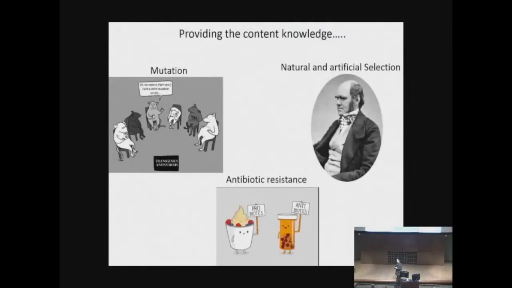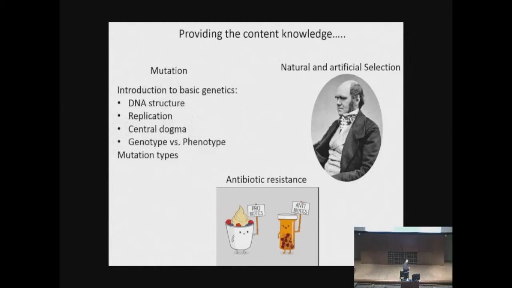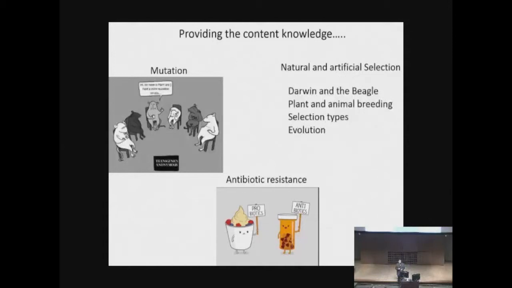So, in this module, we are going to cover certain things in lecture and also in lab before you jump in and design your own experiment. We are going to talk about mutations and bring in some basics of genetics, talk about DNA replication, the central dogma today.